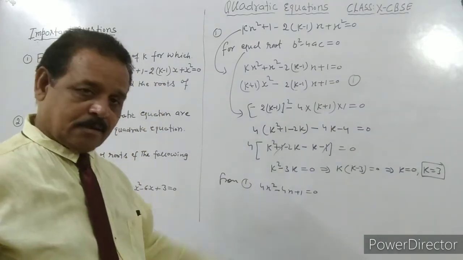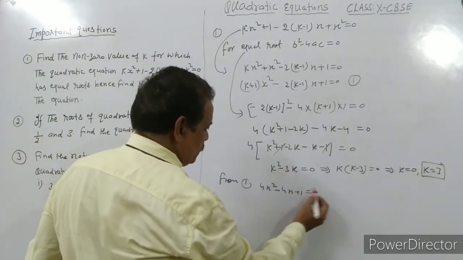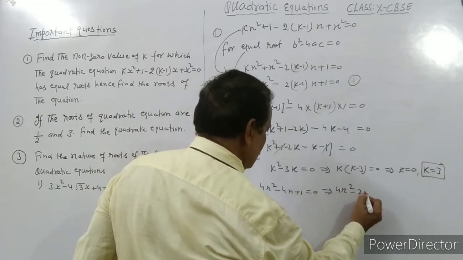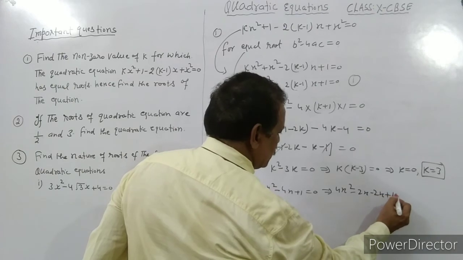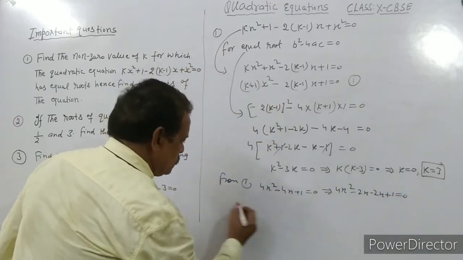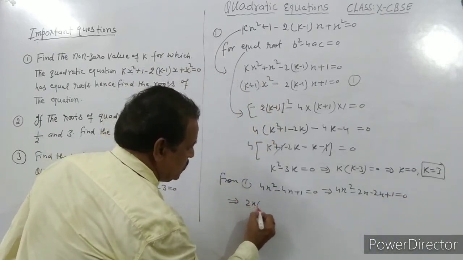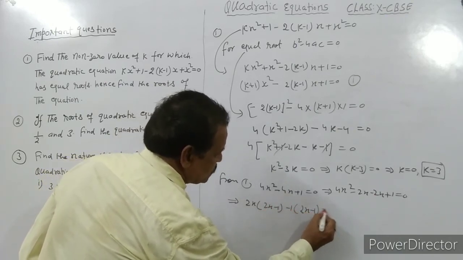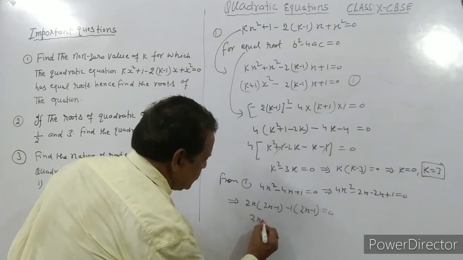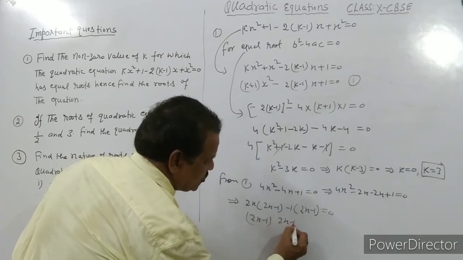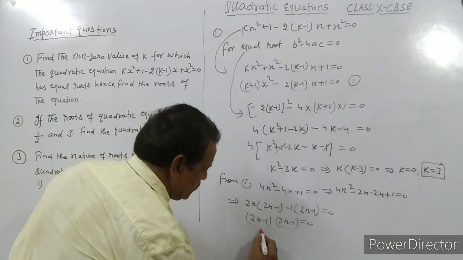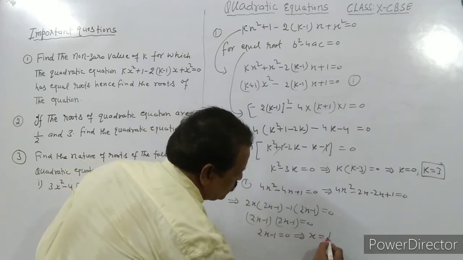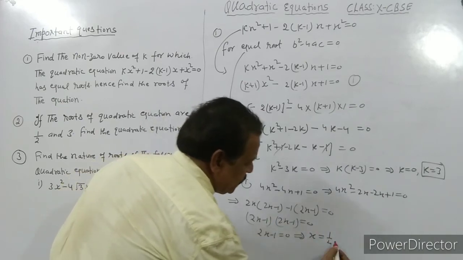Now factorize. So 4x square minus 4x plus 1 is equal to 0. This gives 2x minus 1 and 2x minus 1, so we get 2x minus 1 is equal to 0, that is, x is equal to 1 upon 2, and also x is equal to 1 upon 2.